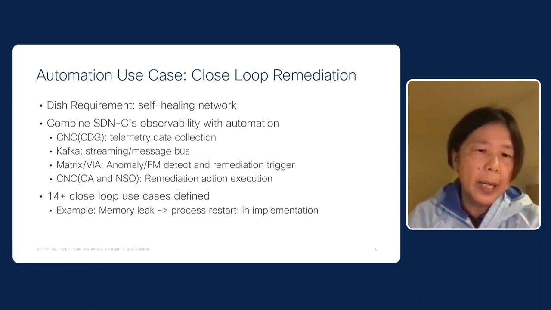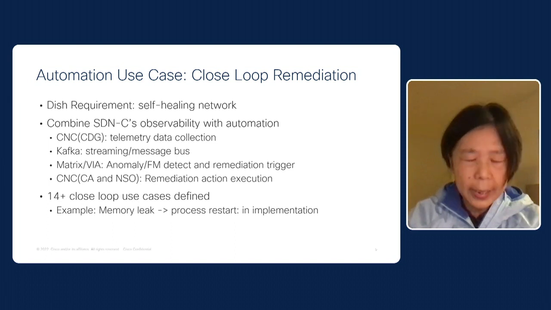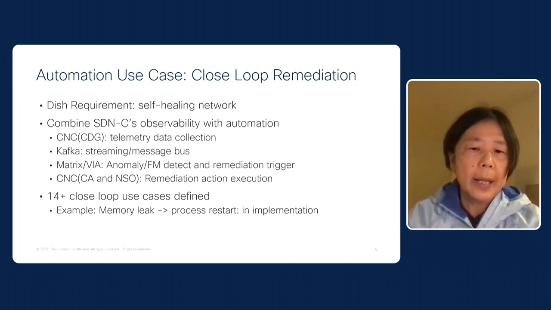From the architecture, we can see we have network management, and we have performance management and fault management through Matrix Virtual. And then we combine this. When we detect some anomaly, we can trigger an action automatically.